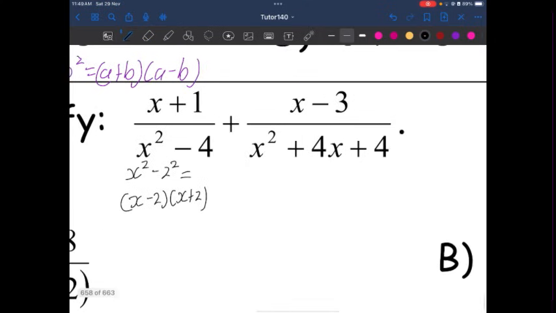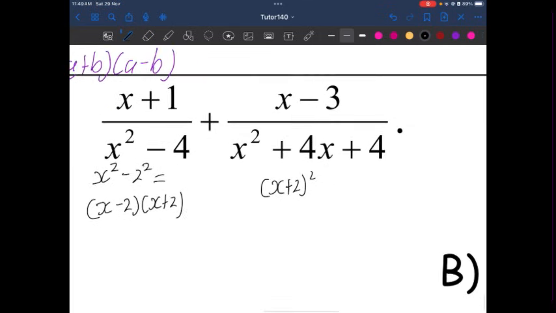And this over here is just (x plus 2) squared. I recognize that, but you could factorize it: factors of 4 that add up to 4 is just 2, 2 plus 2 is 4, so you'd be writing (x plus 2) squared.